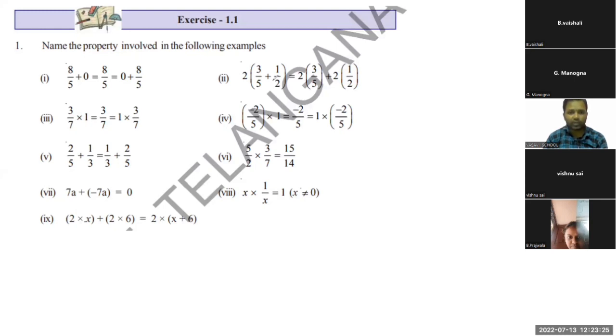Which one is it, distributivity over addition or subtraction? Distributive property only, sir, over addition. Yeah, exactly. It is the distributive property over addition. Distributive over addition. Now, the third one.